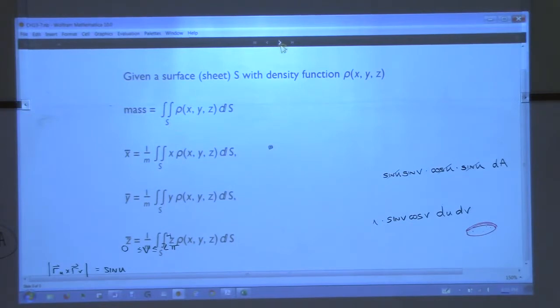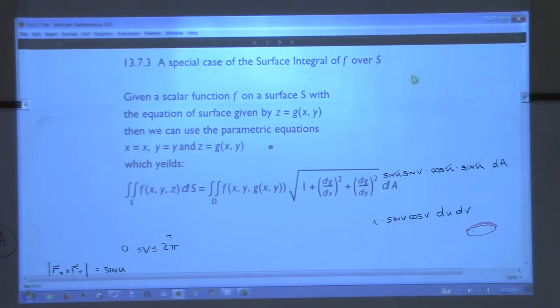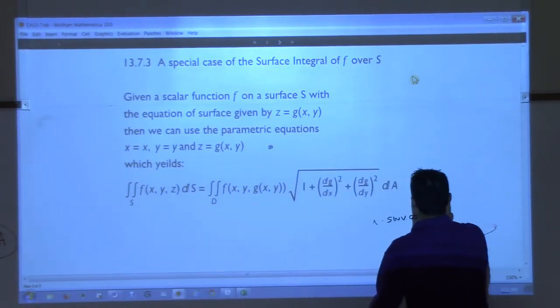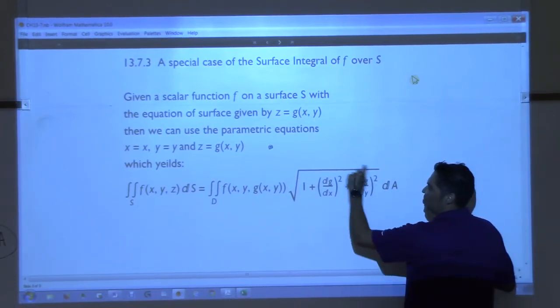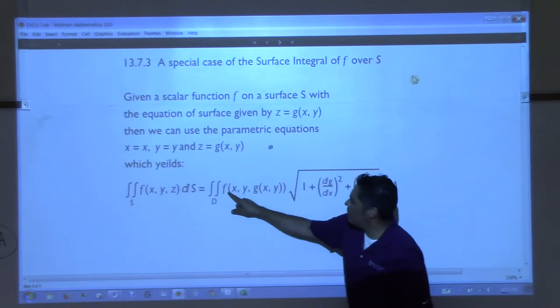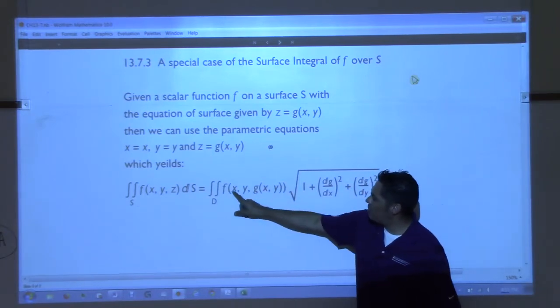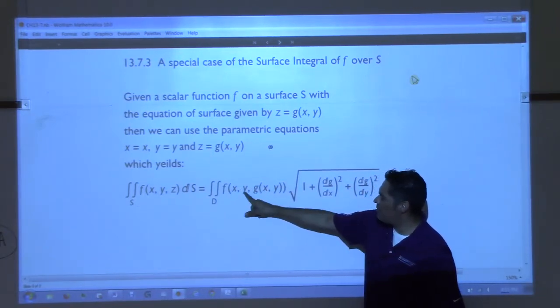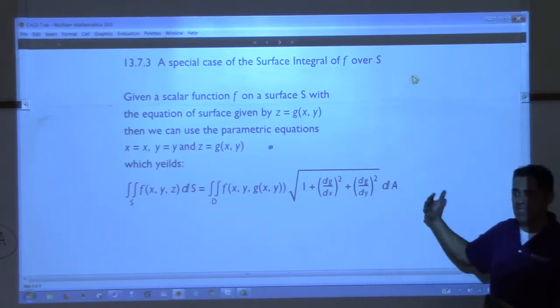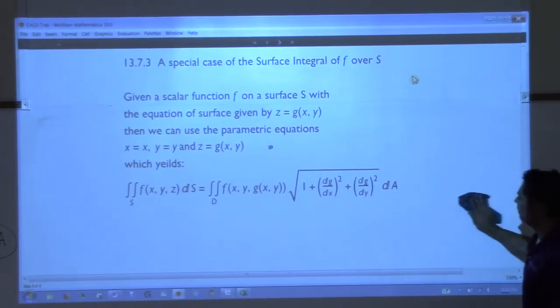That's just some applications. Now, the special case, we kind of got ahead of ourselves here, but the special case of this is just showing you that that piece right there comes from here. And then all you're going to do is rewrite this scalar function. You're going to let your x's be x's, y's be y's, but your z gets replaced with whatever the surface function is.